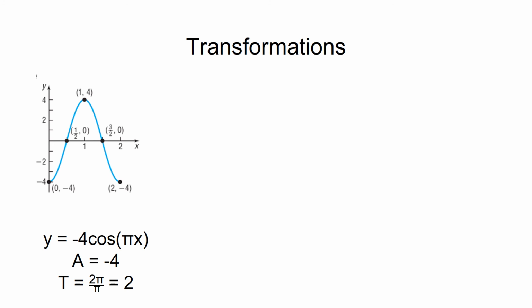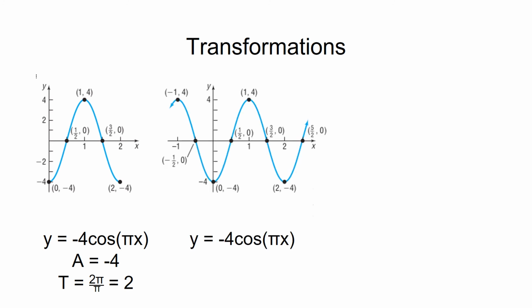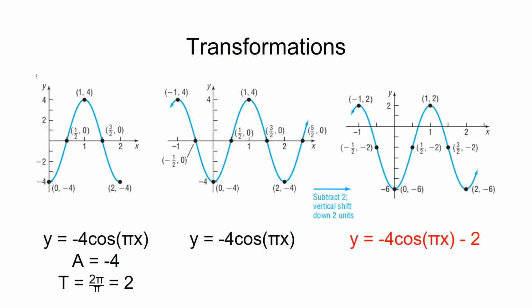And this is because of the minus sign in front of the amplitude. Once we've done that, we can extend the graph horizontally in both directions. Then we can take this function and perform a vertical shift of -2 on the graph, resulting in the graph of the function -4 cosine pi x minus 2, which is shown on the right.